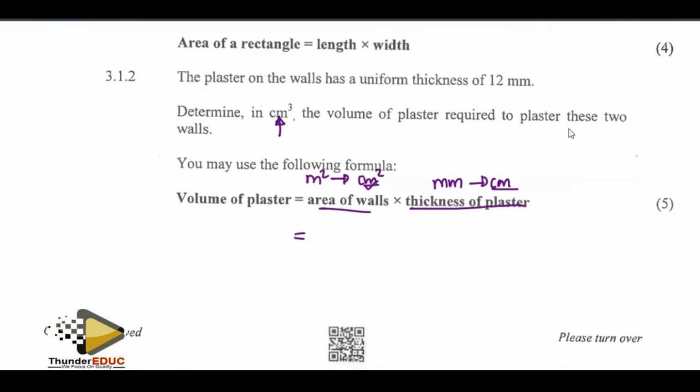So I'll start with the area, which is 22,2. These are meters squared. So from meters to centimeters squared, we multiply by 100 squared. Times, we are multiplying now 12. 12 is millimeters. We need it to become centimeters. We divide by 10.